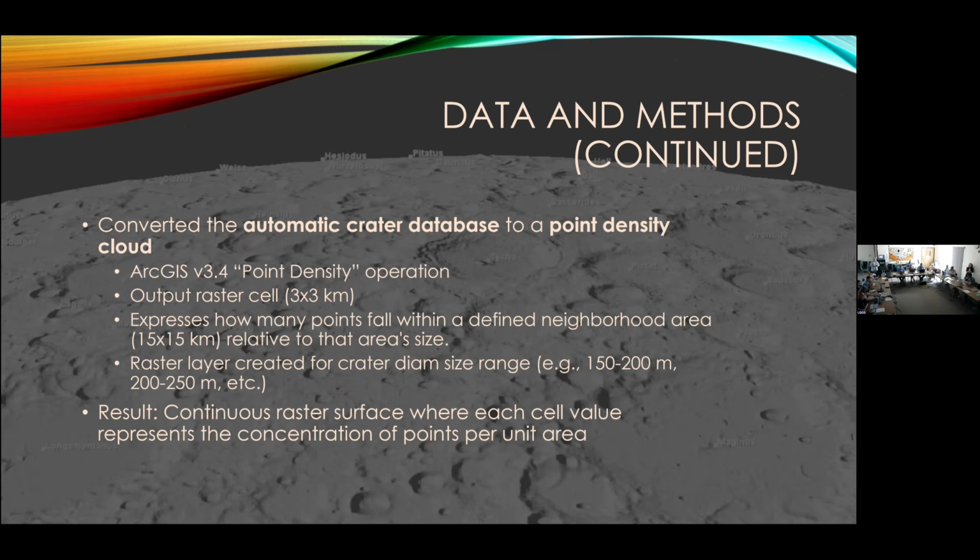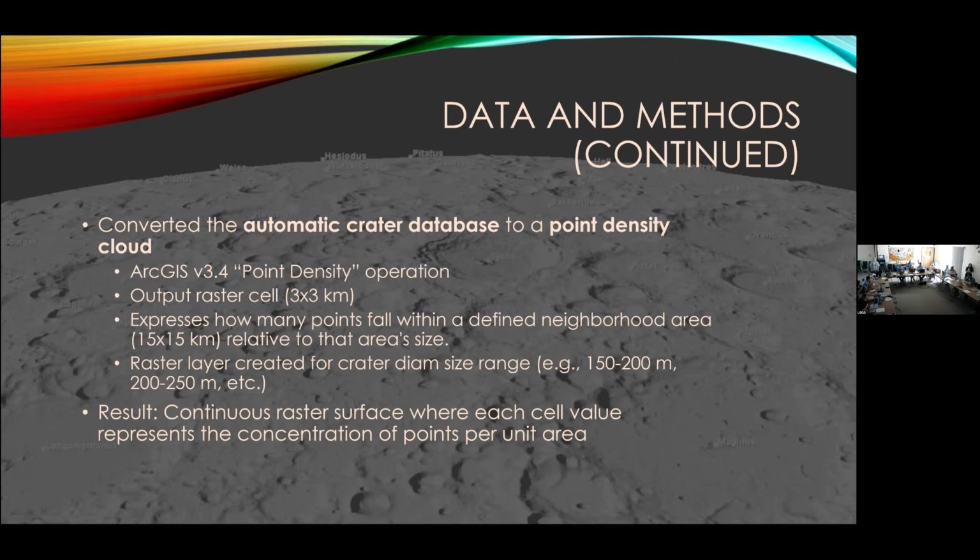Continuing with the dating methods, to produce the point density cloud, we used ArcGIS 3.4 and then output to a 3x3 kilometer grid cell raster cell, taken from an area of 15 kilometers square.